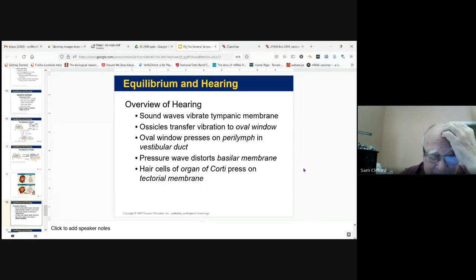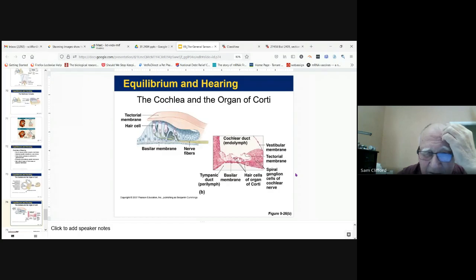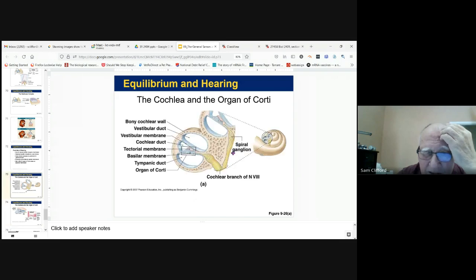So what about hearing? Sound waves vibrate the auditory ossicles and cause bending of the basilar membrane. And we'll see that the hair cells are in the basilar membrane. Depending on the position along this coiled snail and the amplitude, we can distinguish between frequency and amplitude of sound.